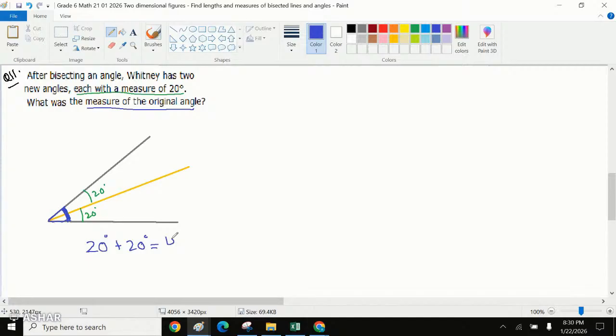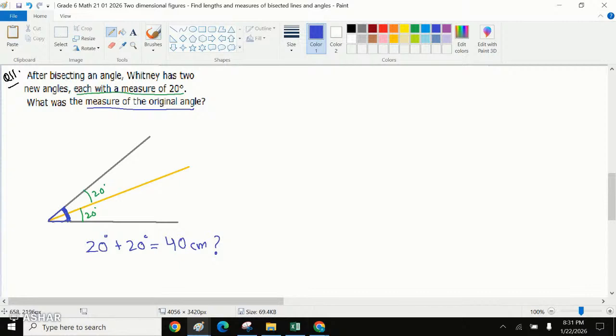Can I write 40 centimeter? My question is, I wrote 20 degrees plus 20 degrees is 40 centimeter.